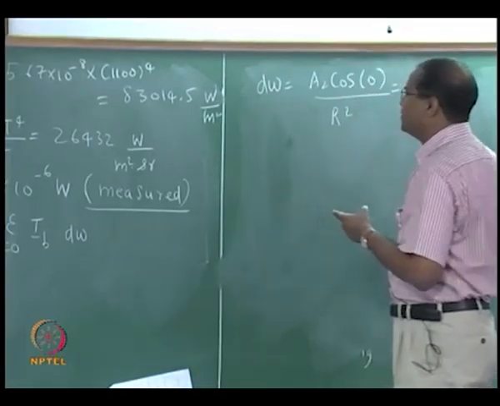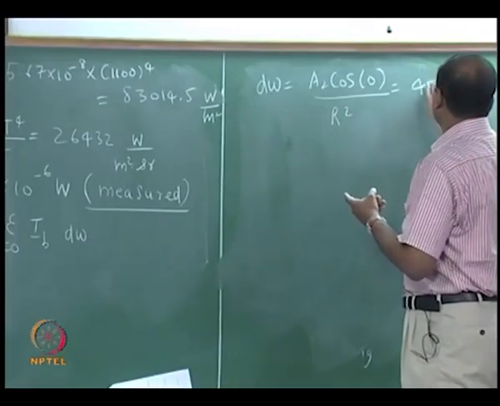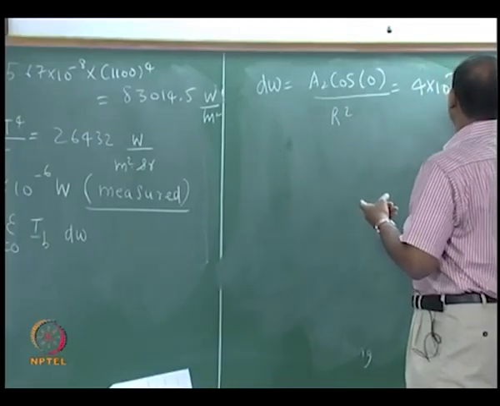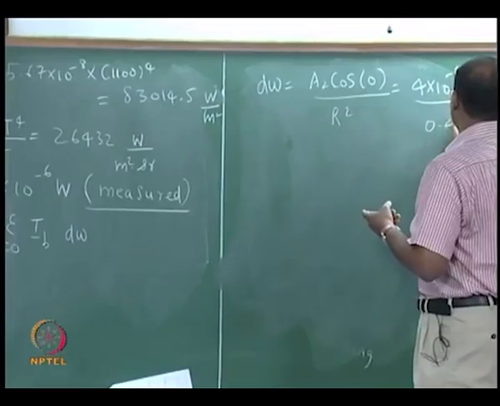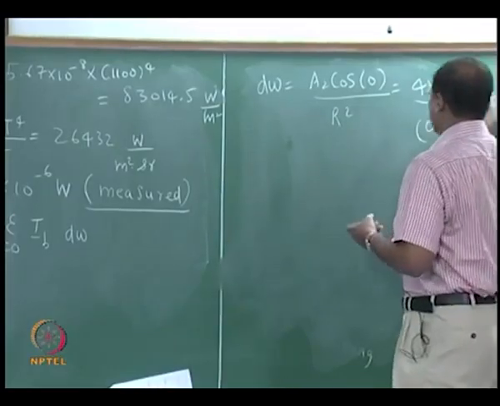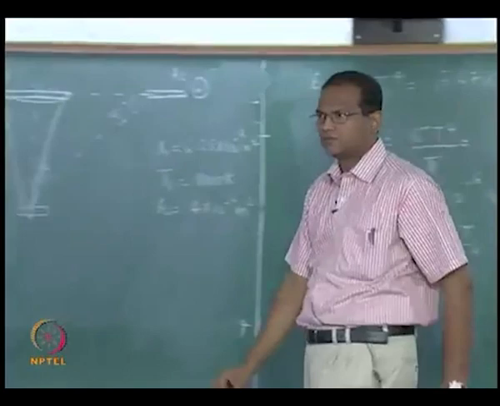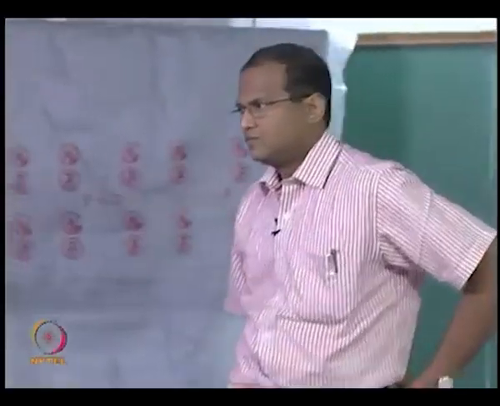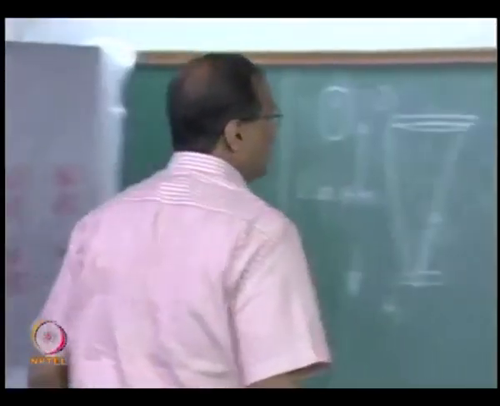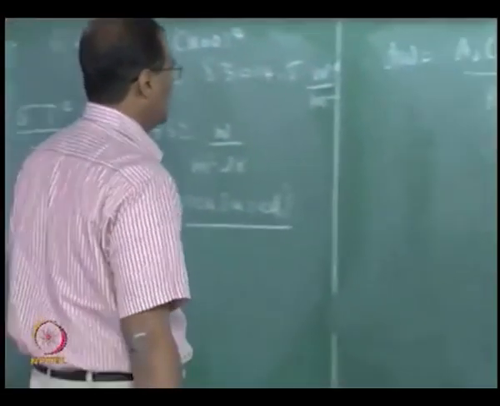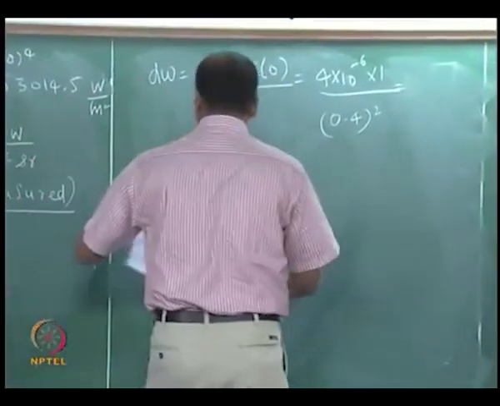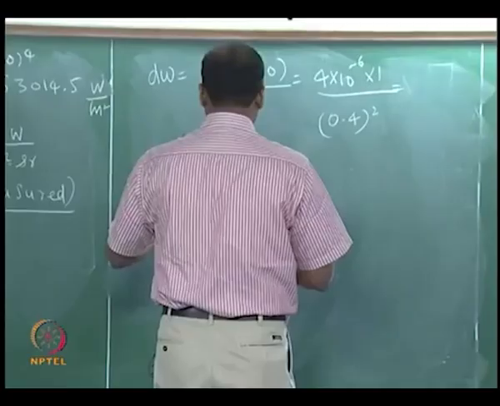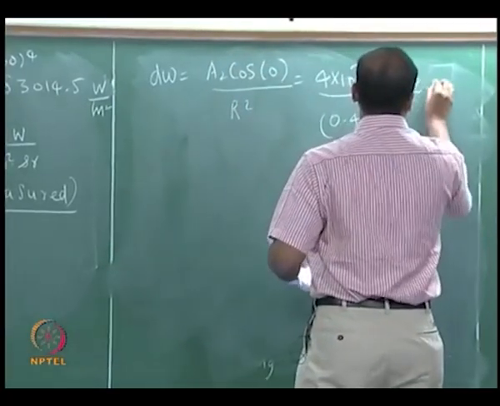Yeah, please tell me, A2 is... so how many steradians do I have? 2.5 × 10^-5, correct?